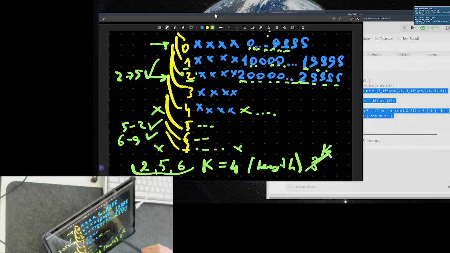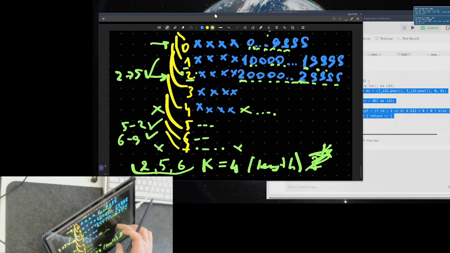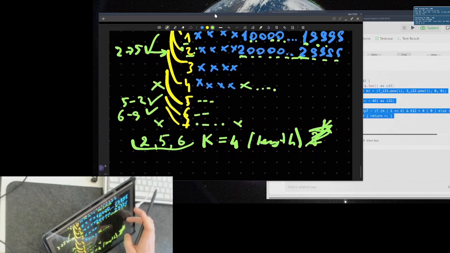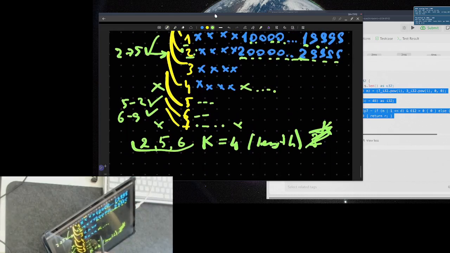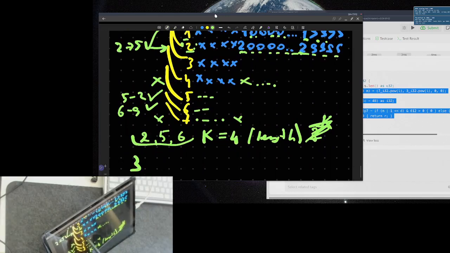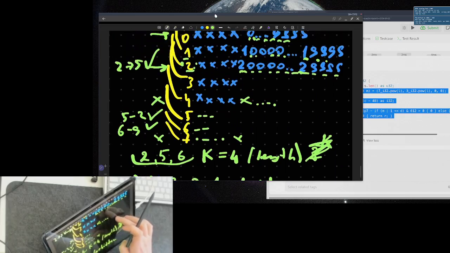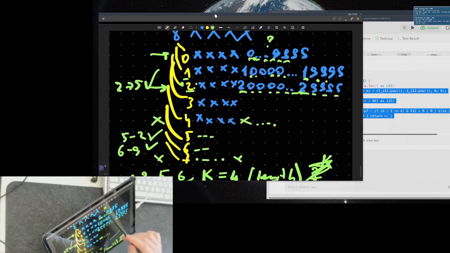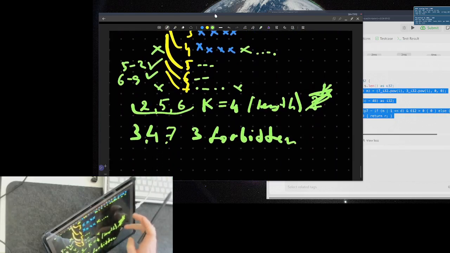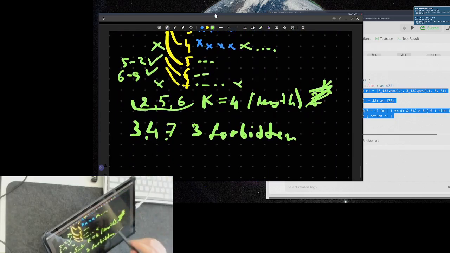Let's talk about the forbidden numbers. Yes, the forbidden numbers are 3: 1, 2, 3, 3. What are they? 4 and 7. We have 3 forbidden numbers. That means in a range of 0 up to 9999, we have some numbers with length up to k that are forbidden, and this is combinatorics.